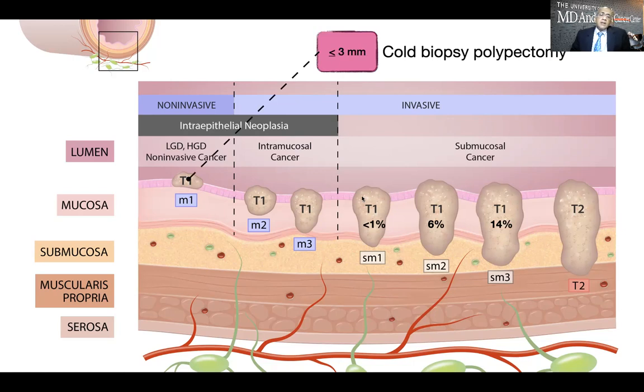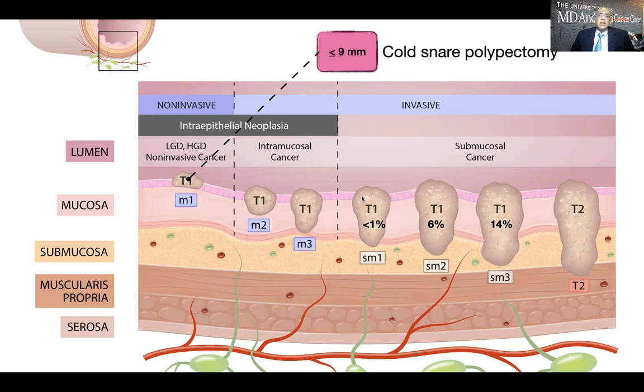So for lesions that are small and limited to the epithelium, adenomas, for example, that are less than 3 millimeters, you could get it out completely with cold biopsy polypectomy. When it goes beyond 4 millimeters to 9 millimeters, they're best taken out by cold snare resection.